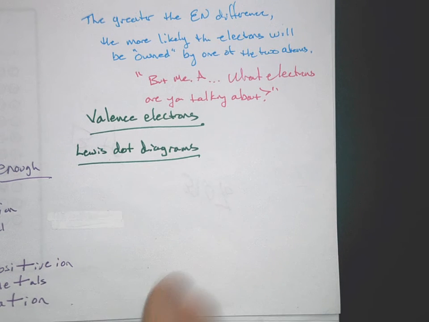Just about every element, particularly every main group element, all the ones in the S and the P block, do this. And so what I want you guys to do is to write the third period elements across.